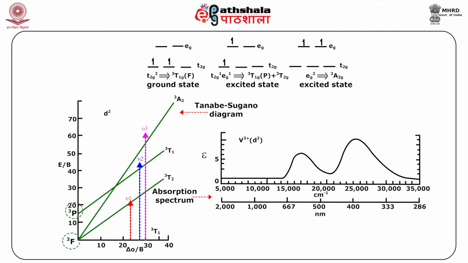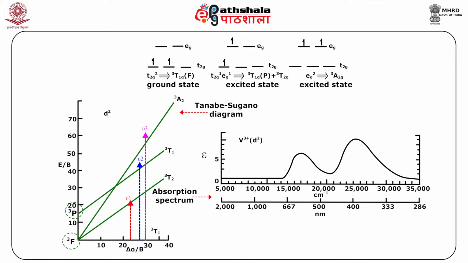The Tanabe-Sugano diagram for the d2 configuration along with the absorption spectrum is shown in the figure. An example of a d2 configuration is given by the complex of vanadium hexaaqua 3+. Its electronic spectrum is shown in the figure. Under ordinary conditions, the most populated state is the ground state triplet T1g(F).